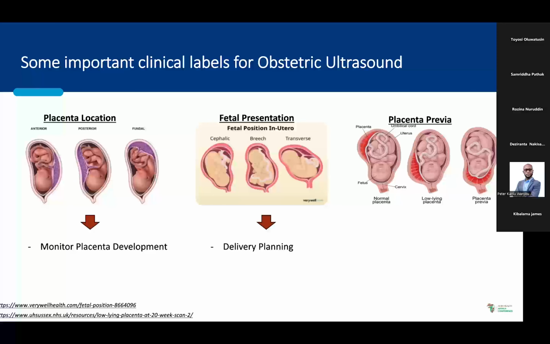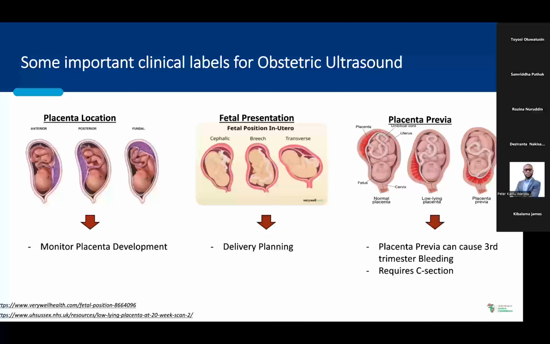Fetal presentation means how the child is oriented in the uterus of the mother. The most natural position for the child to be in is called cephalic position. It means that the head is down, so it's a bit easier when the baby comes out. So finding out the fetal presentation allows you to plan for the delivery.